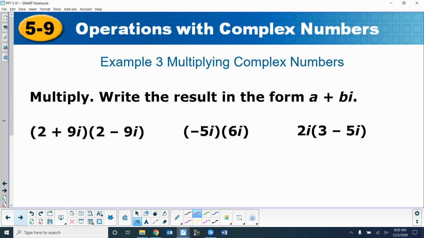All right. Go ahead and do the left one, far left one, on your own. I'll see how you do.